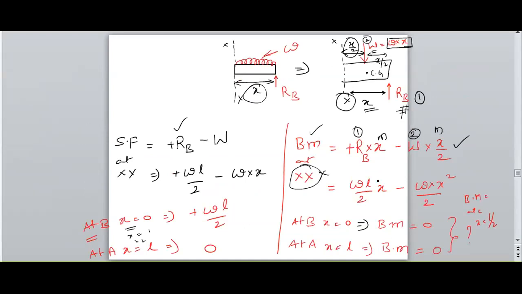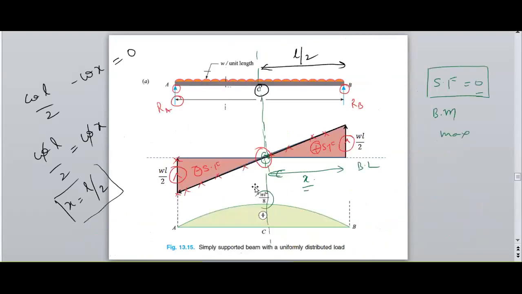So I will get wL square by 8. That is the maximum bending moment at C. At B it is 0 and at A it is 0, because X is equal to 0 and X is equal to L; if I substitute in my equations, both are zeros.